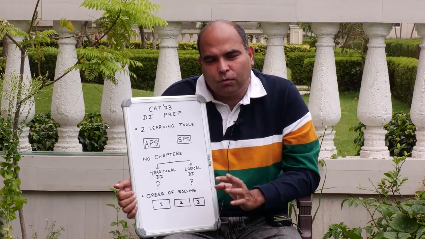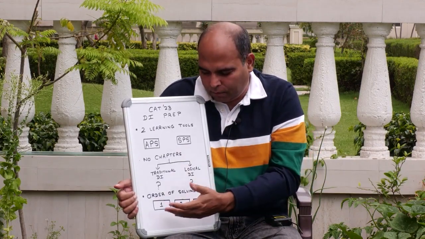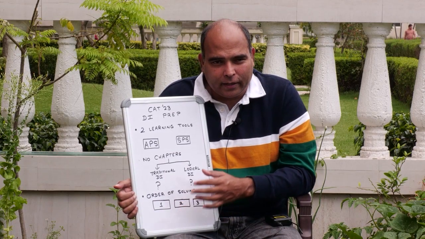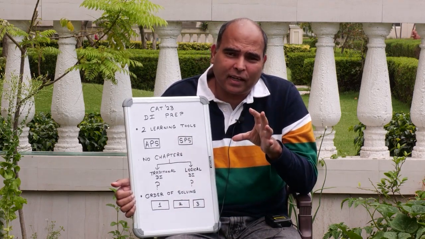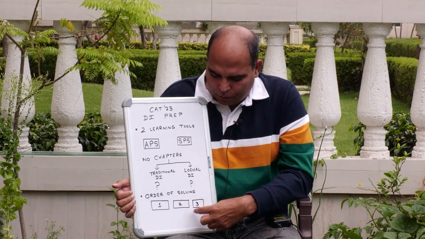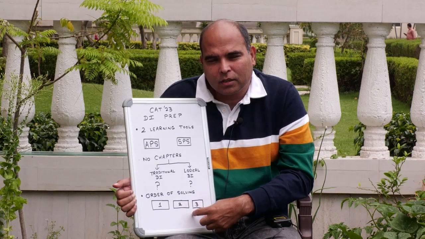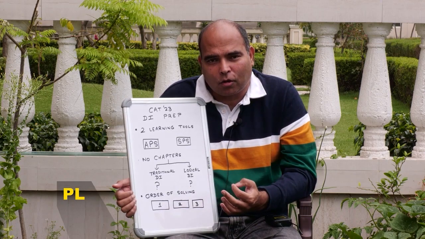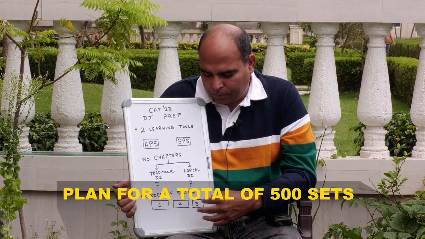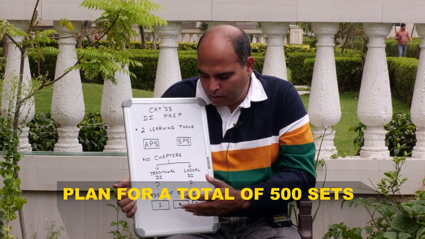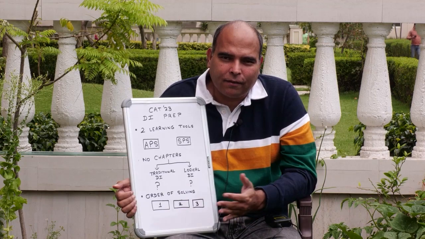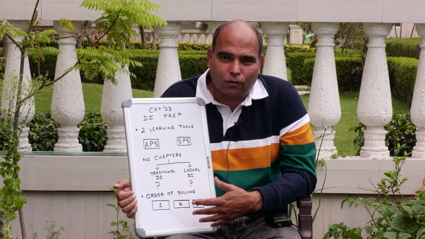And once you do these 300 sets, 150 sets here, 150 to 200 sets here in logical DI, once you have a 300 set experience, after that you plan to complete your previous year questions and the questions in the mocks. If you do around 100 sets from there, you should be sorted. Previous year questions from CAT 99 to 2008 and CAT 17 to 22, you should know all of those sets.